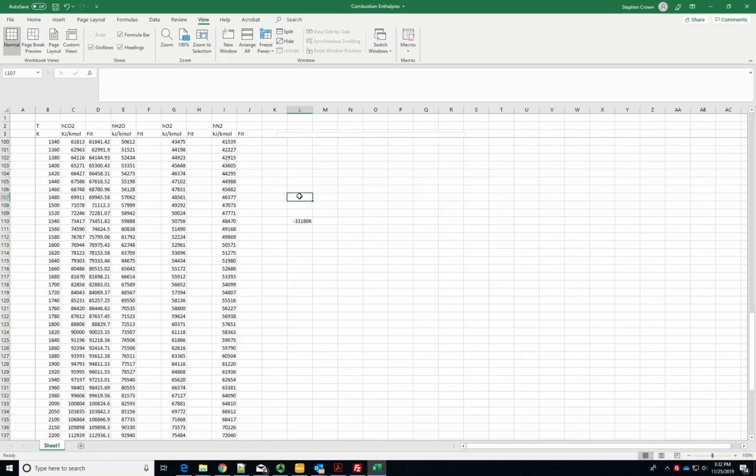So that h_f^0 is negative 393,520. That's a kilojoule per kilomole, and that is at a reference of 298.